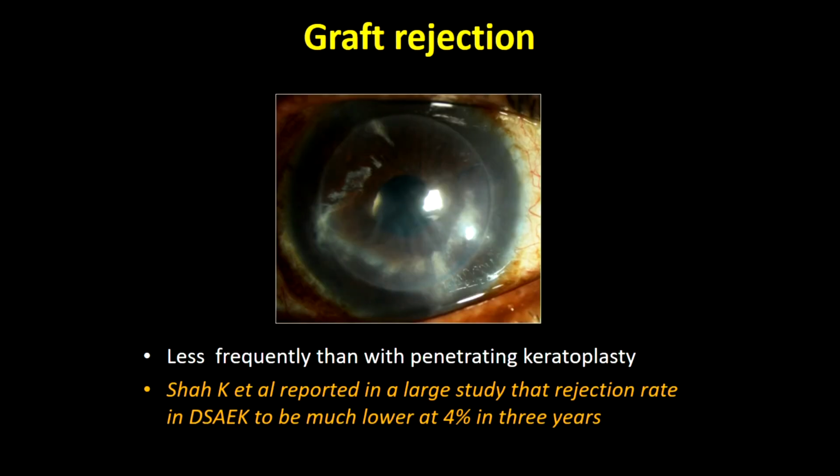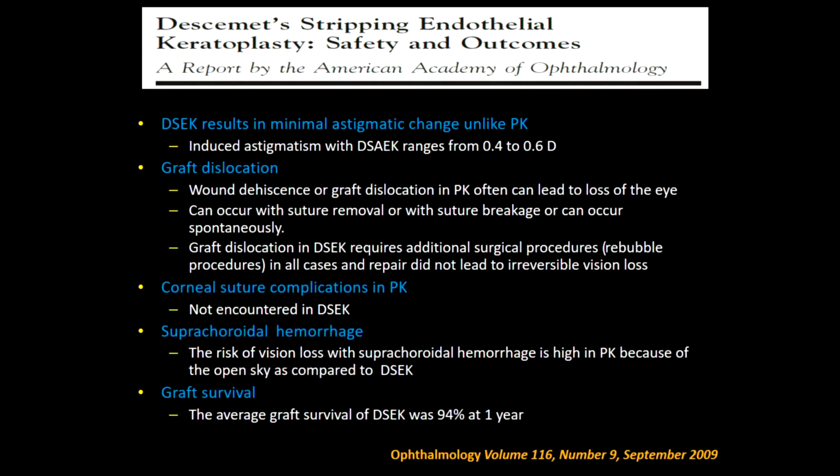Graft rejection is very rare, but you can see the line here. Even though it is rare, it is much safer than PK surgeries. Coming to this study, this is a very nice report in 2009, which tells about the goodness of DSEK and why DSEK is more prevalent over PK.